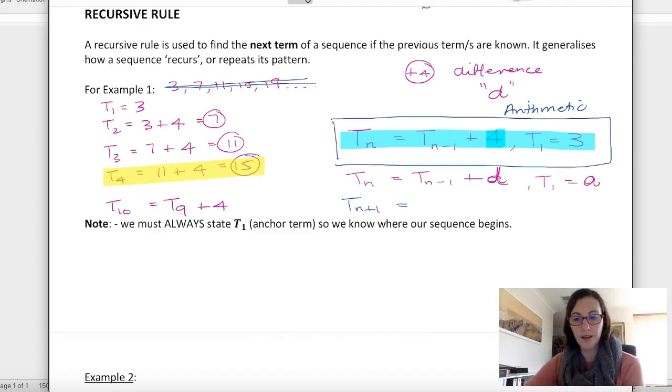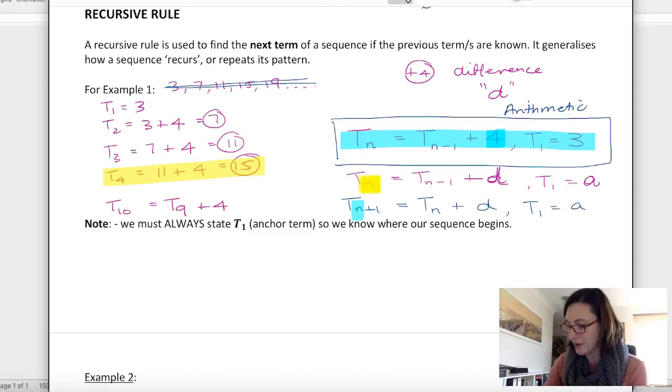So if I'm talking about term 4, the only value I would put in here for n is 3, so 3 plus 1 is 4, which means the previous term would just be called Tn, and then I would have to add my difference on knowing what my first term is. So depending on the notation that's used, we might change the way we write a recursive rule.